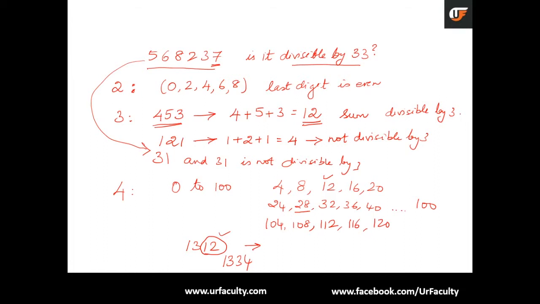Now we should not jump to say that because this is even, it will be divisible by 4. It is 34, and it is not divisible because the number that is closer to it is either 32 or 36. Since the last two digits are 34 and 34 is not divisible by 4, 1334 is not divisible by 4.